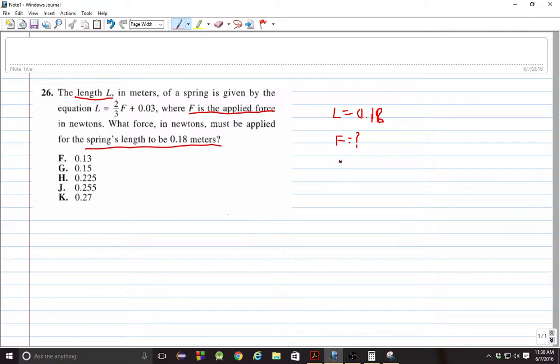Okay, so what we've got to do is just substitute L into the equation. 0.18 equals 2/3 F plus 0.03.